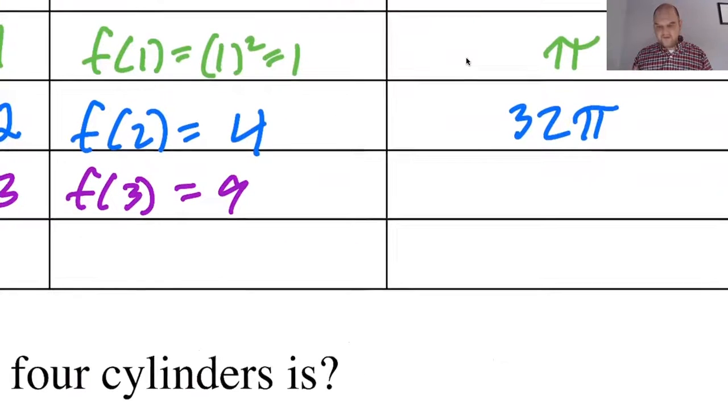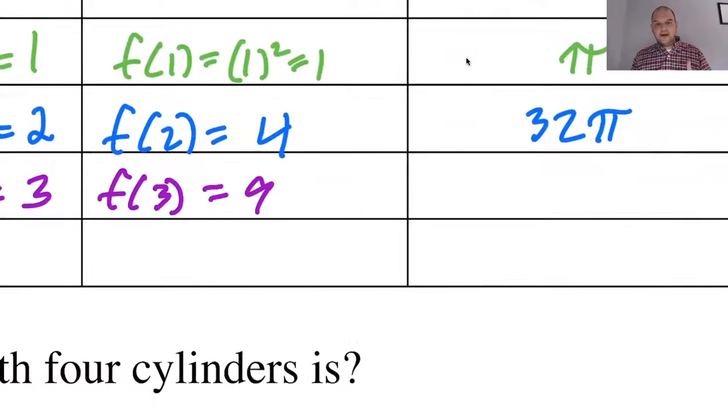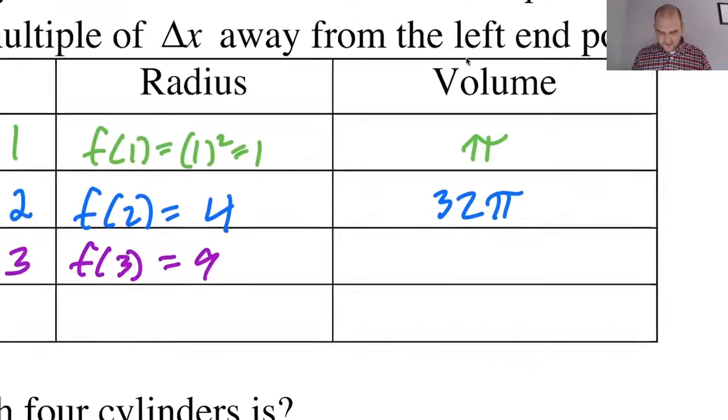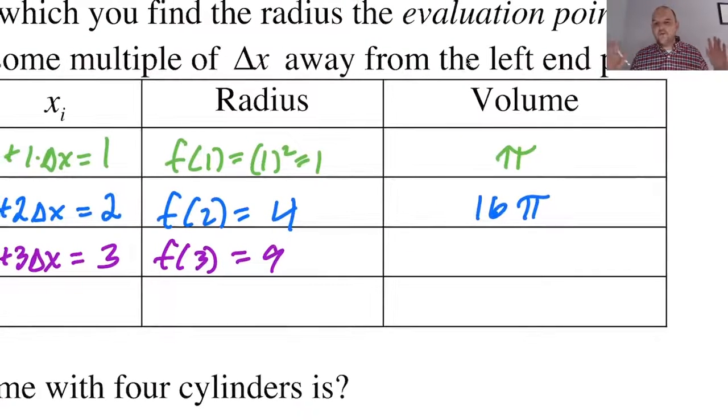Okay, and then the volume is going to be pi r squared, and then times h. And I'm just realizing that I got something wrong, right? Because it's pi r squared h. Pi r squared h, okay, so h is 1 for all of these because h is delta x.